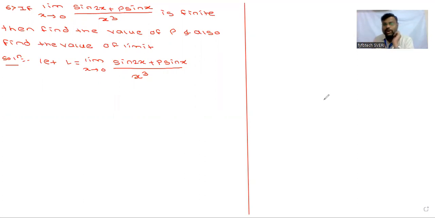So first of all, we put x equal to 0. The denominator is 0. What about the numerator? Sin 0 is 0. Means we got 0 by 0 form.